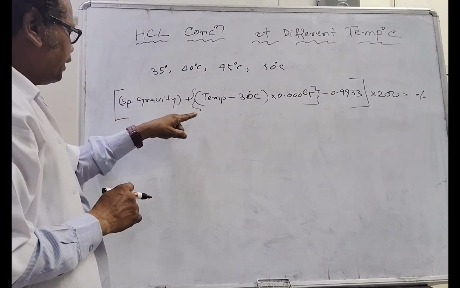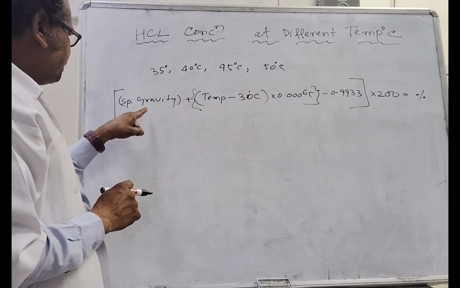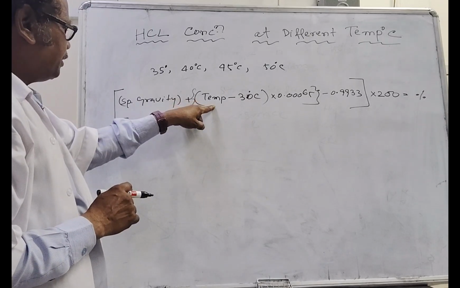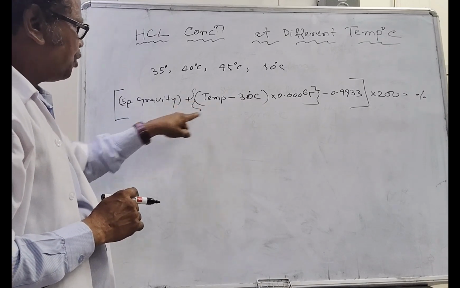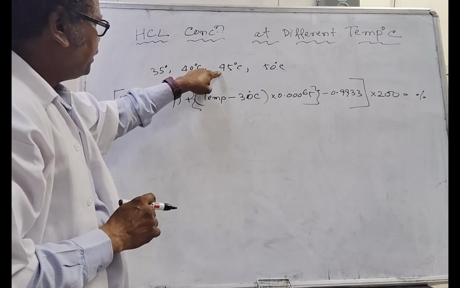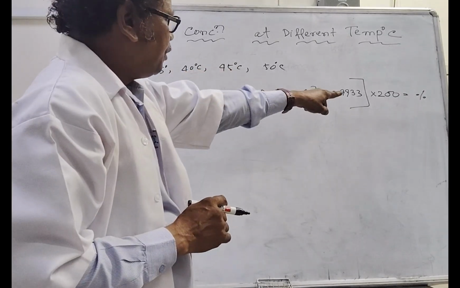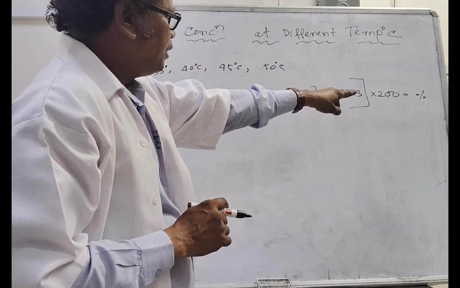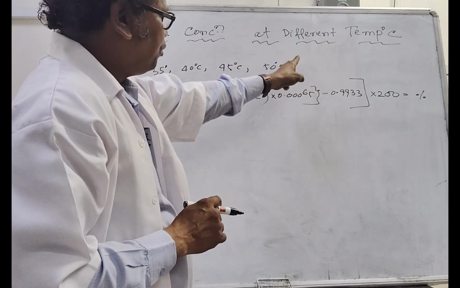By hydrometer we can find out specific gravity and temperature, and you put this formula at a different temperature, you will get the percentage of the HCl at that particular temperature.